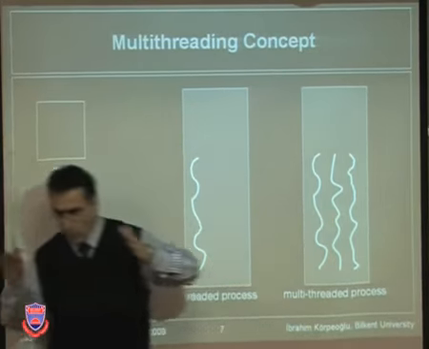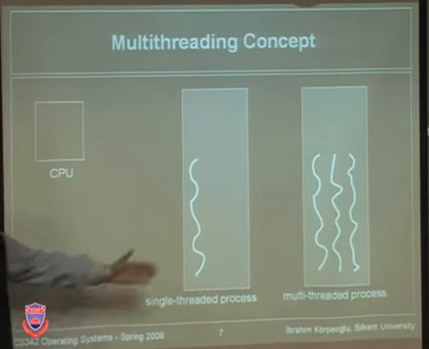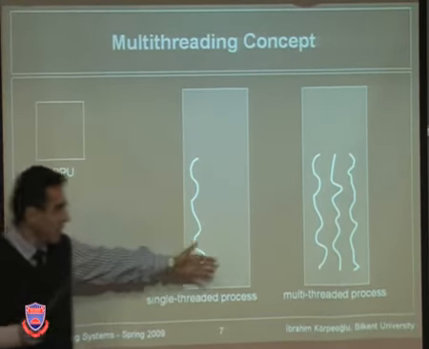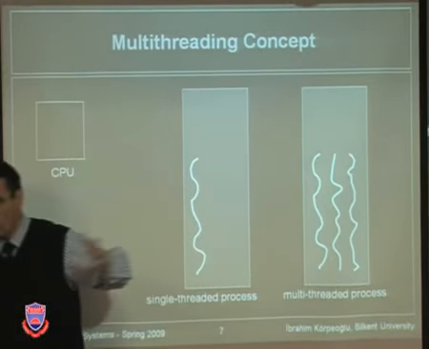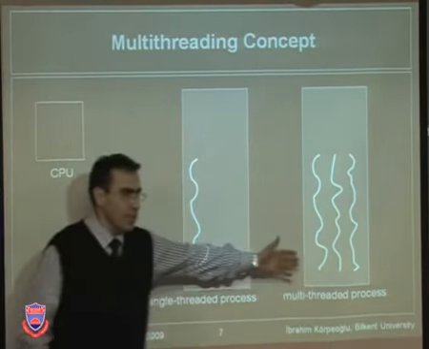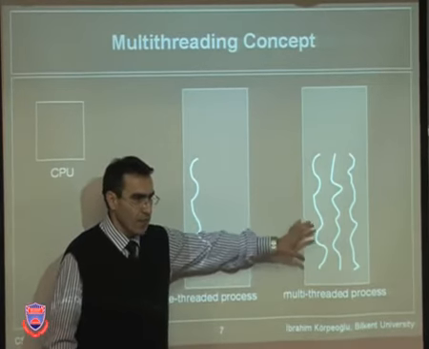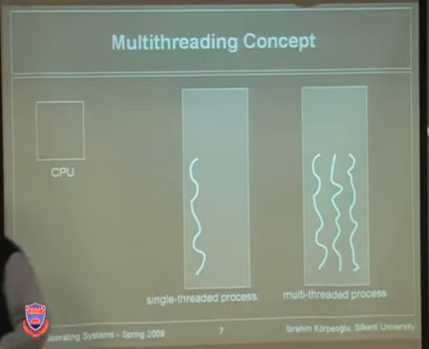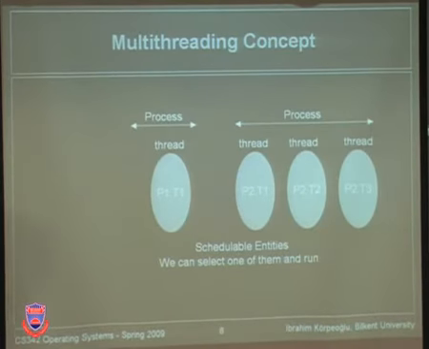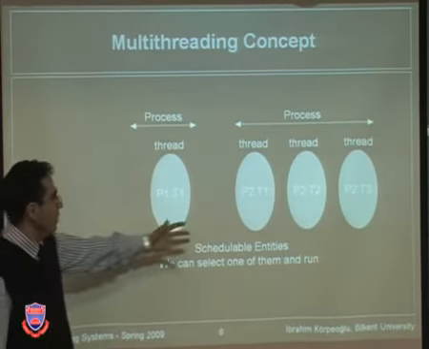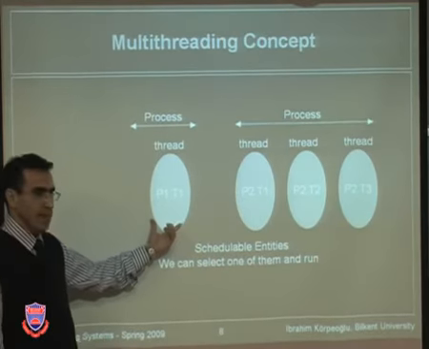So if you look at a time interval of 10 minutes, in the single-thread case you will see that nothing has been executed. But in the multi-thread case, you will see that several activities are executed as part of that process. Therefore, we have a pseudo-parallelism here among the threads that make up a process. So this is the general idea. And here, from the scheduling perspective, we now have a process that is schedulable, right?